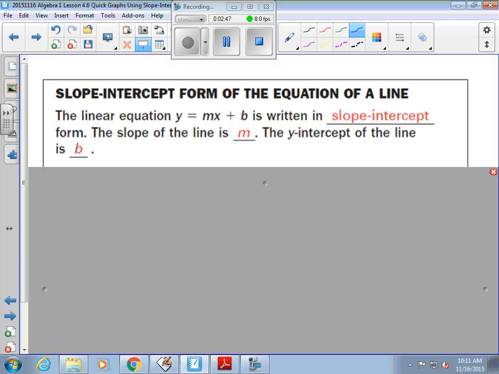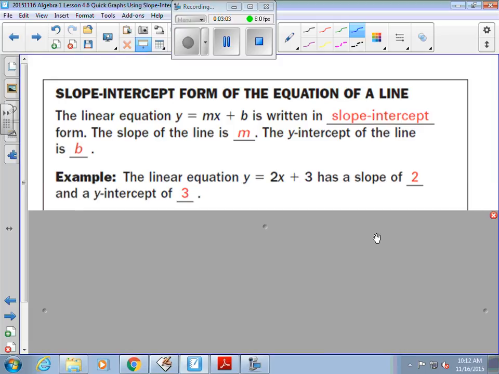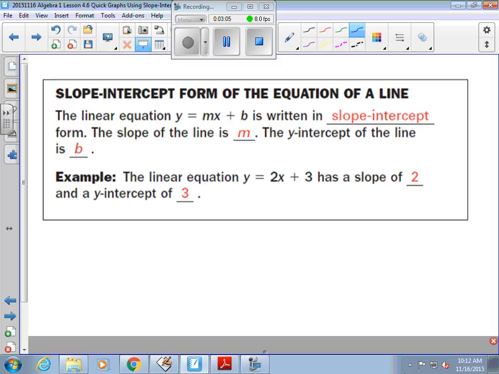Here is the slope-intercept form of the equation of a line. Y is equal to mx plus b. It's written in slope-intercept form. The slope is m. The y-intercept is b. The linear equation, y is equal to 2x plus 3.